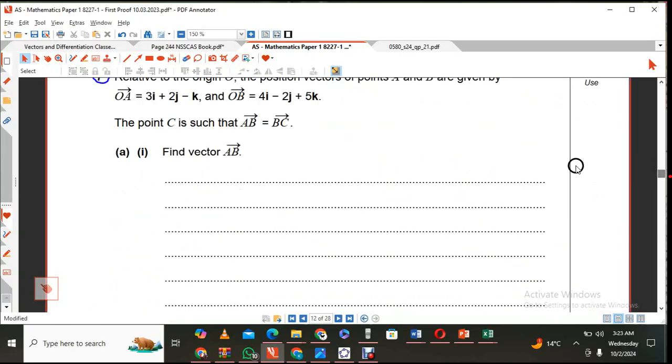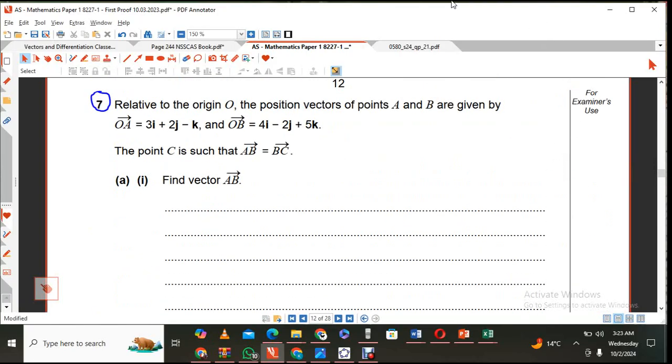So let's just go directly into the question. You see, I have already circled the question so that you can know which question it is that I'm doing. And towards the end, I will show you also how to use a Casio calculator to find the magnitudes of a vector and also how to calculate the angle between two vectors.